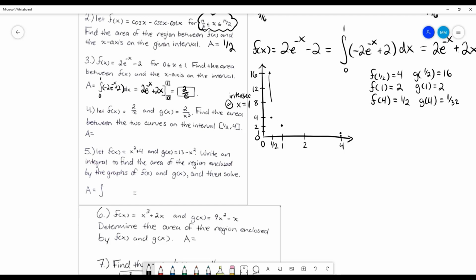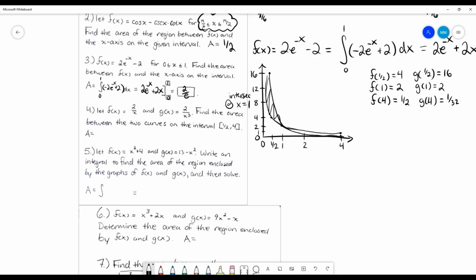So what's happening is something like this. It goes really, really teeny tiny. All the while our f of x goes something like this. And we see they cross over each other.